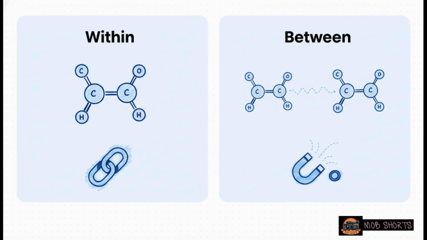But what we care about today are intermolecular forces, or IMFs. These are the much weaker attractions between different molecules. Think of them as molecular stickiness. When you boil something, you only need enough energy to overcome this stickiness and pull the molecules apart. You're not breaking the strong bonds inside them. That's a huge mistake to make in an exam.